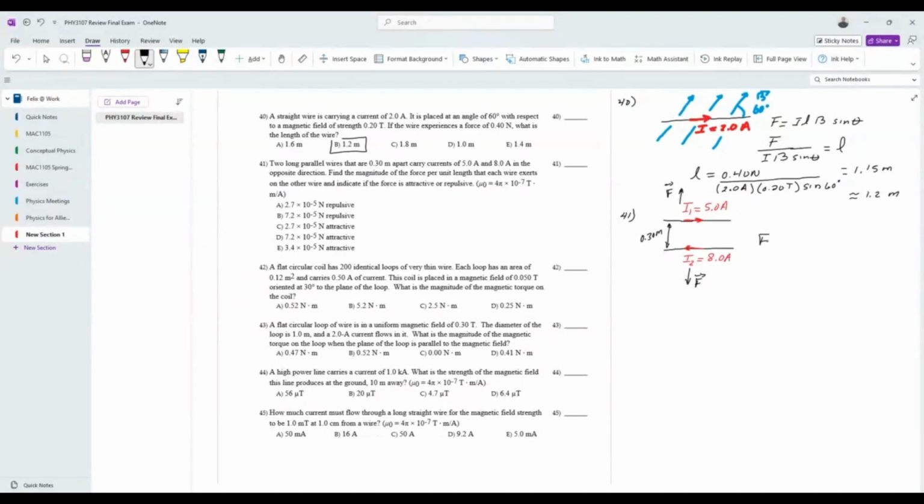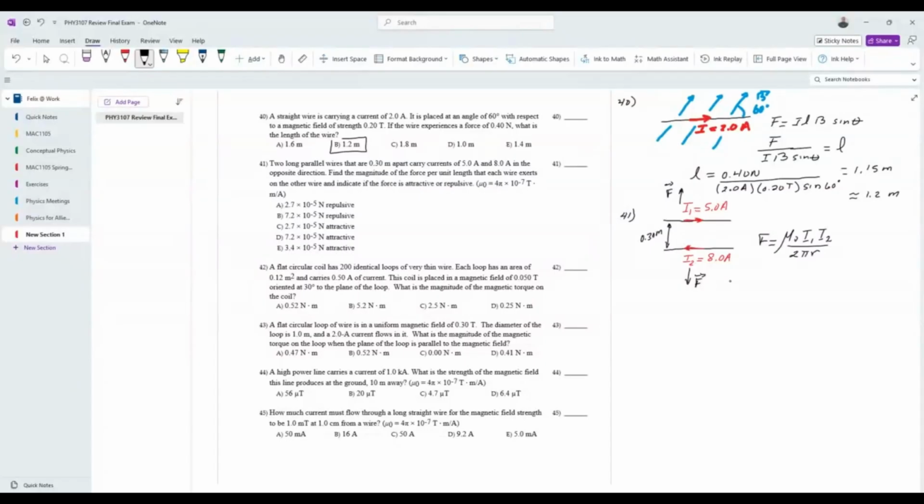Now, the force between two current carrying wires, we used that equation before, is mu sub 0 I sub 1 I sub 2 over 2 pi r. Mu sub 0 is a constant, 4 pi times 10 to the negative 7 Tesla meters per ampere.